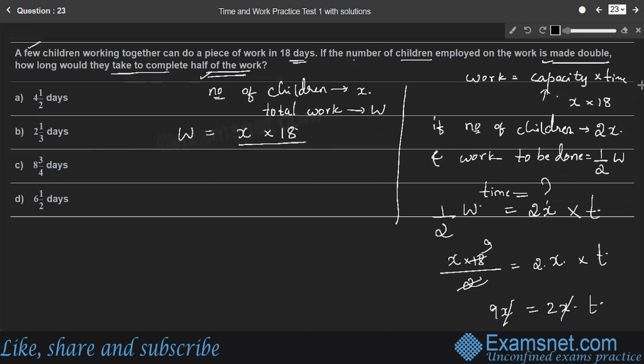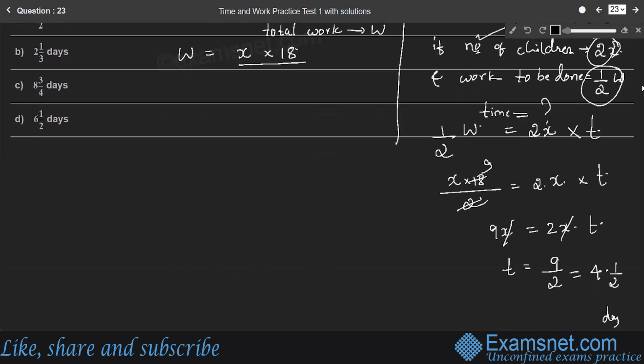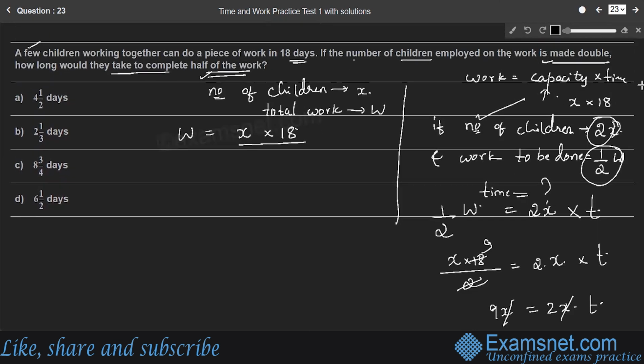So in the second case, the number of children employed on the work is made double, which is 2x, and the work to be done is half of the original work. Then the time taken by them is 9 by 2 days or 4.5 days. Hence option A is the right answer.